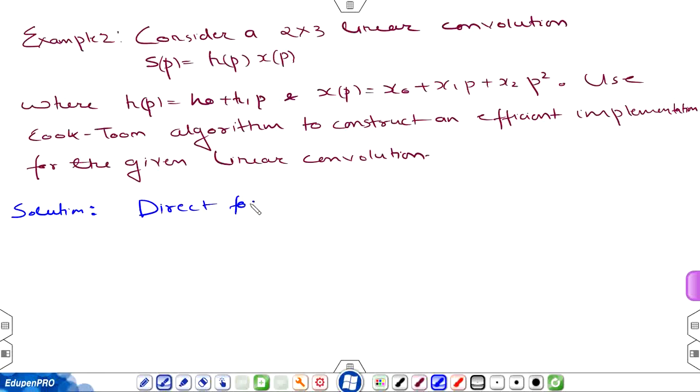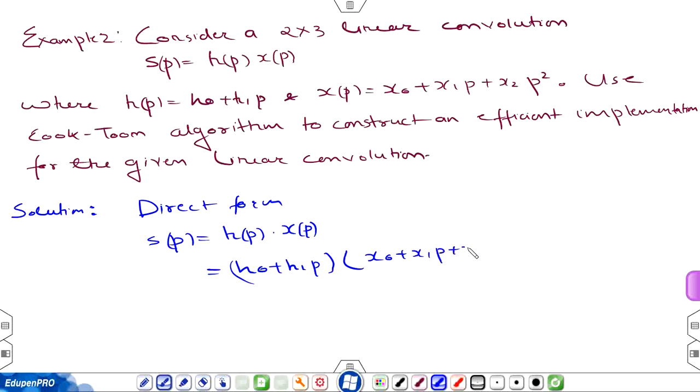So using direct form, S(p) is H(p) · X(p), substituting the values of H(p) and X(p). So this is (h0 plus h1 p) and (x0 plus x1 p plus x2 p square).